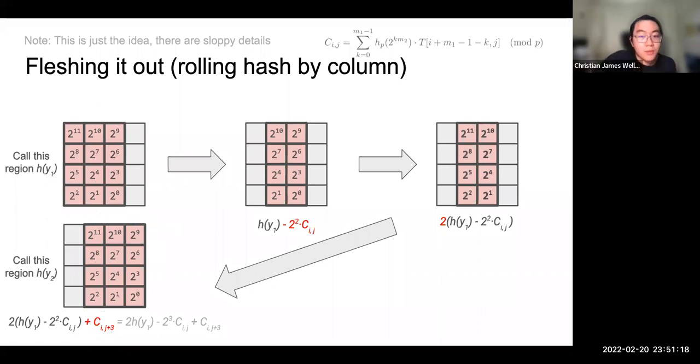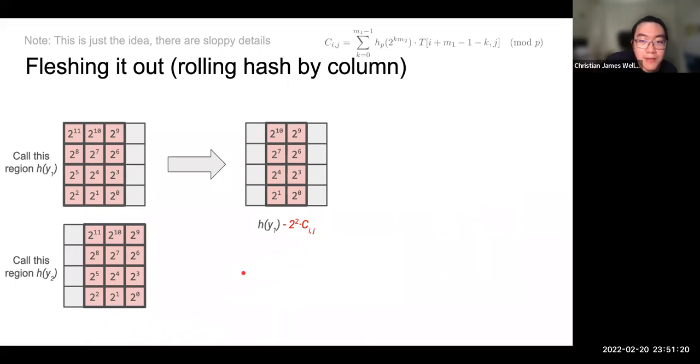Okay, so maybe I was a bit fast in this particular one. When I say I remove this value, remember when we say Cij, it's actually 2 power 0, 2 power 3, 2 power 6, and 2 power 9, right?